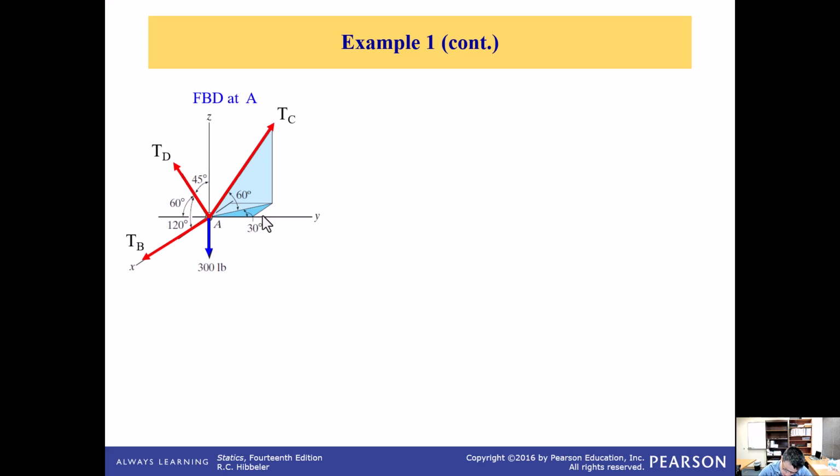So what about TD? If we look in from the y-axis into the x and z plane, we can see here is the x-axis, and here is our TD direction, and the angle between the positive direction of x and TD is 120.